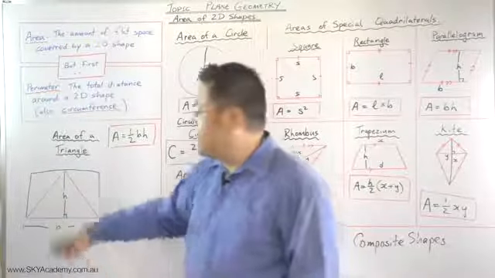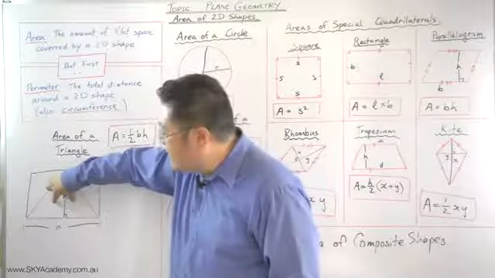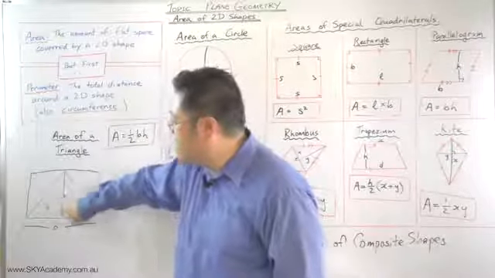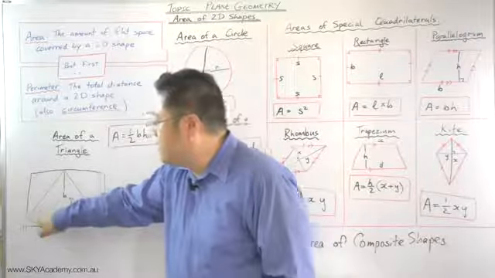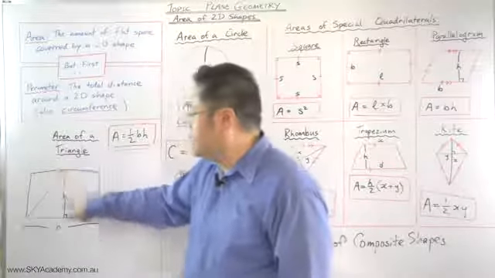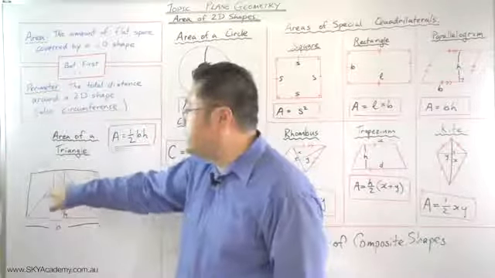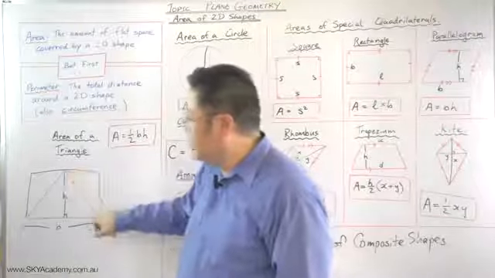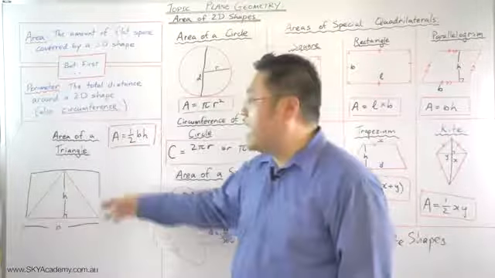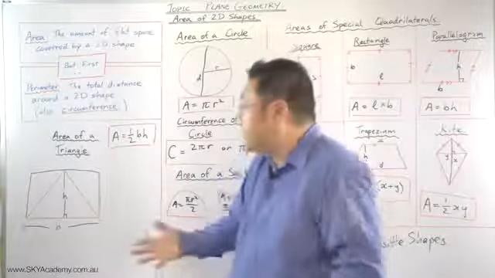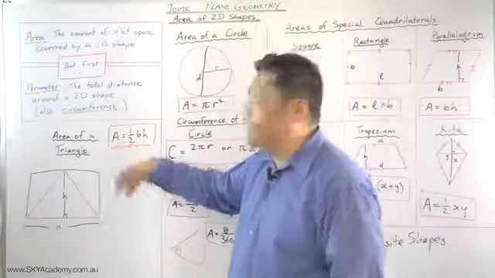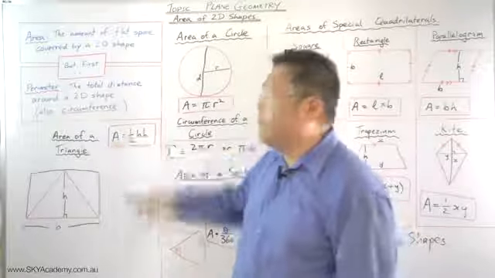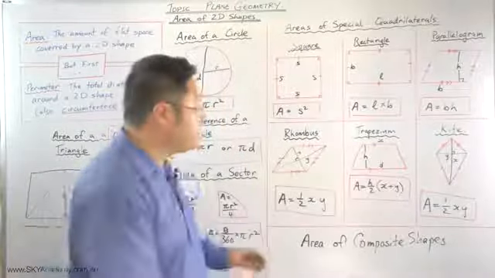And what you'll also notice is that each of these two smaller triangles is half the rectangle that it sits in. And when you add those two rectangles together, you get the bigger rectangle. Therefore, the bigger triangle is half the bigger rectangle. Okay, so basically that's how that works. So your area of a triangle is half base times perpendicular height.